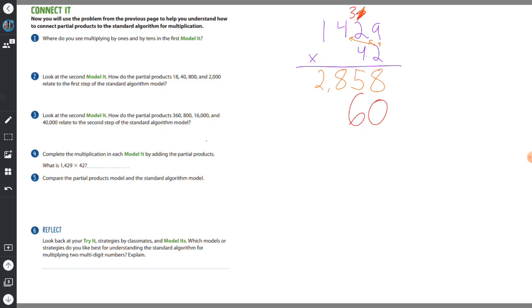Next step, we do 4 times 2 is 8, plus 3 is 11. You put the 1 down, and then you put a 1 up there for 11. Then we do 4 times 4 is 16, plus 1 is 17. You put the 7 down and the 1 up there.